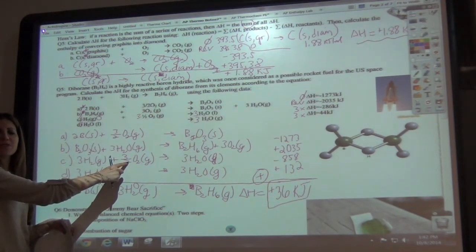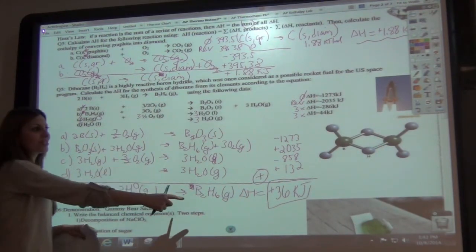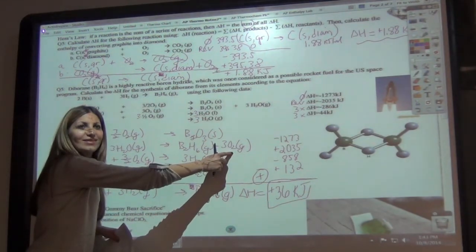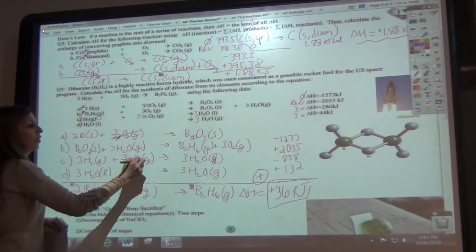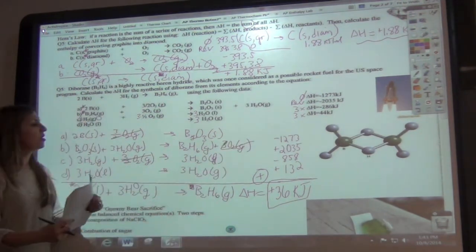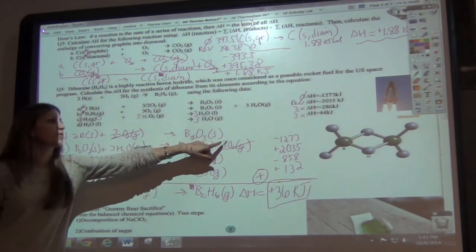When you add 3 halves plus 3 halves, what do you get? 6 halves, which is 3. Good. And how many oxygens do you have on this side? 3. So guess what you can do to those? Cross them off. Those are the same. Again, 3 halves plus 3 halves is 6 halves, which is 3. And that's 3 on the opposite side.